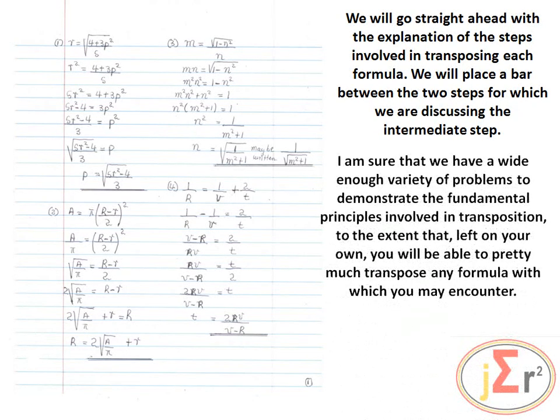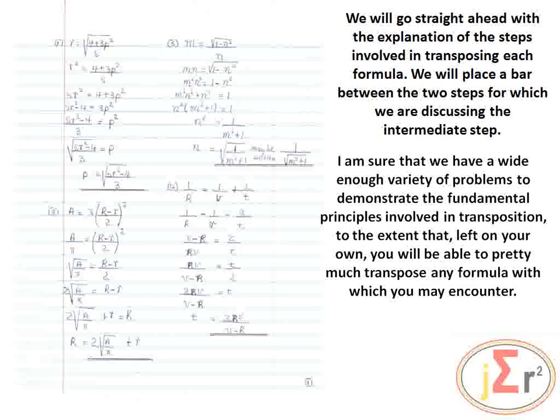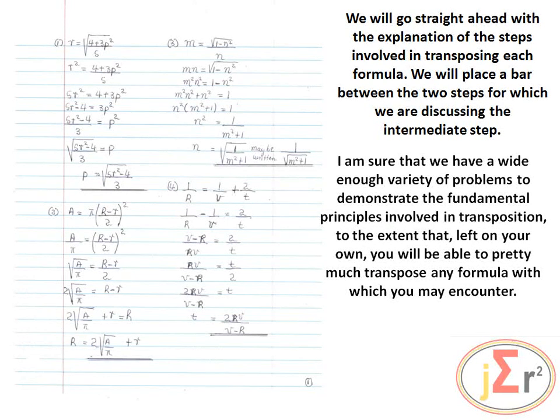I am sure that we have a wide enough variety of problems to demonstrate the fundamental principles involved in transposition, to the extent that, left on your own, you will be able to pretty much transpose any formula you may encounter.